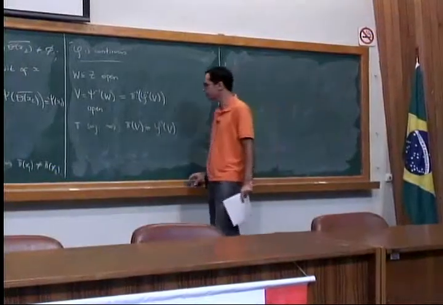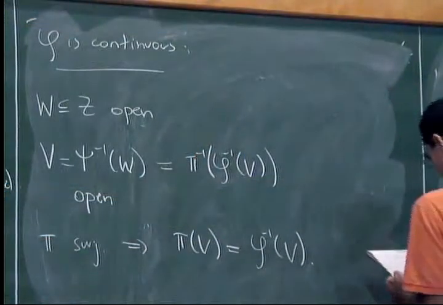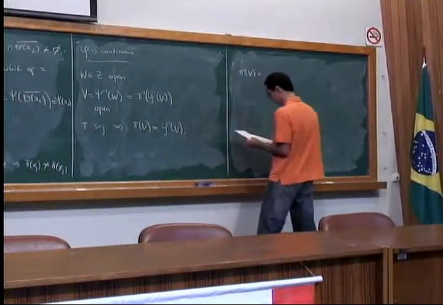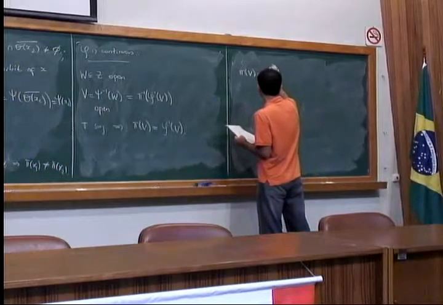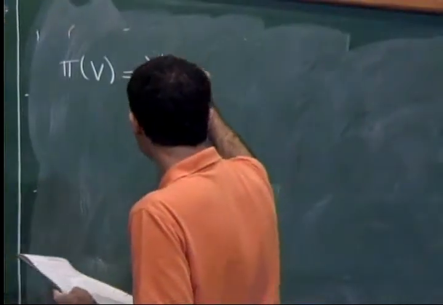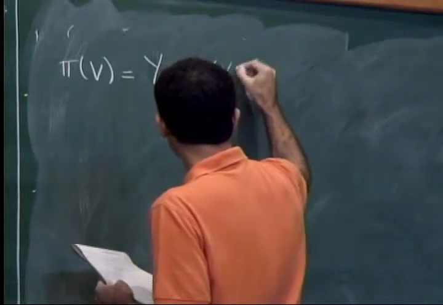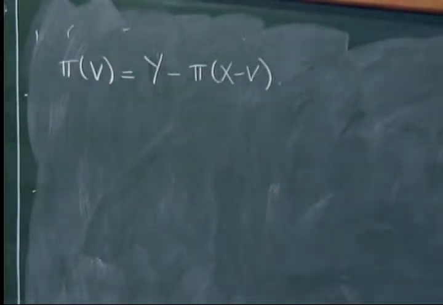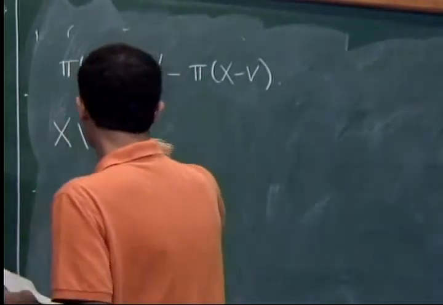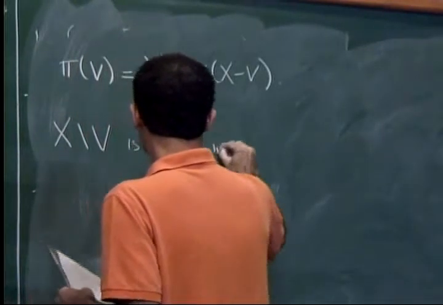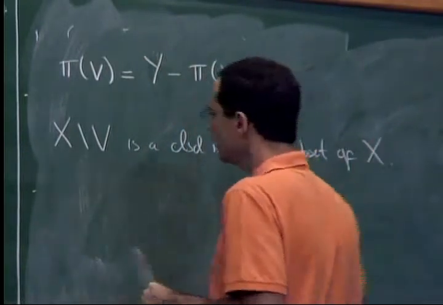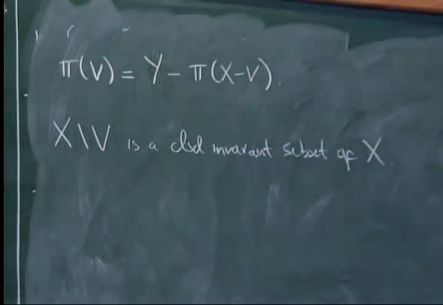Now psi inverse of W is an inverse image, so pi of it is simply Y minus pi of X minus psi inverse of W. And X minus psi inverse of W is a closed invariant subset of X, because W is open and it's an inverse image by psi, which collapses orbits.